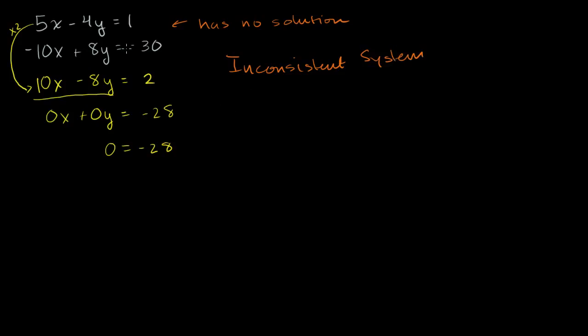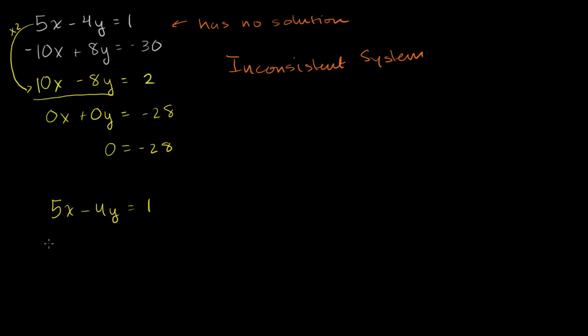So what does it mean for both of these equations to have no solution? Let's actually graph these, and I think you'll have a better feel for what it means not to have a solution. So the first equation is 5x minus 4y is equal to 1. Let me put it into slope-intercept form.